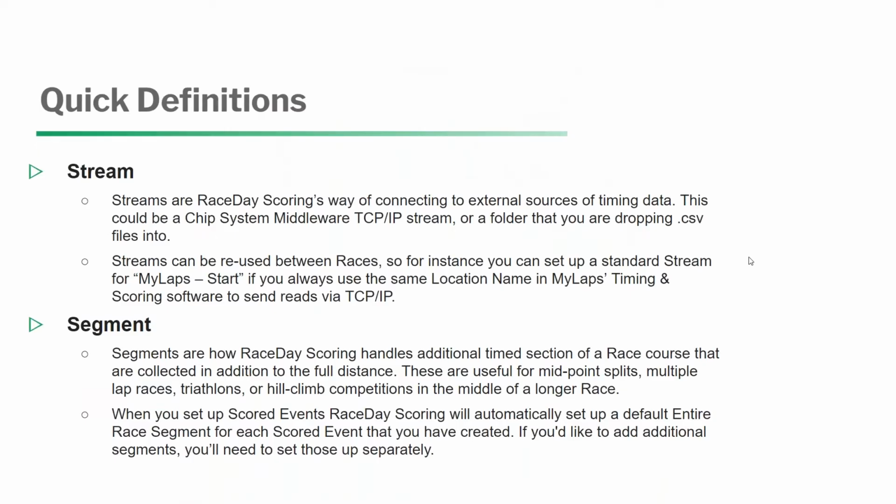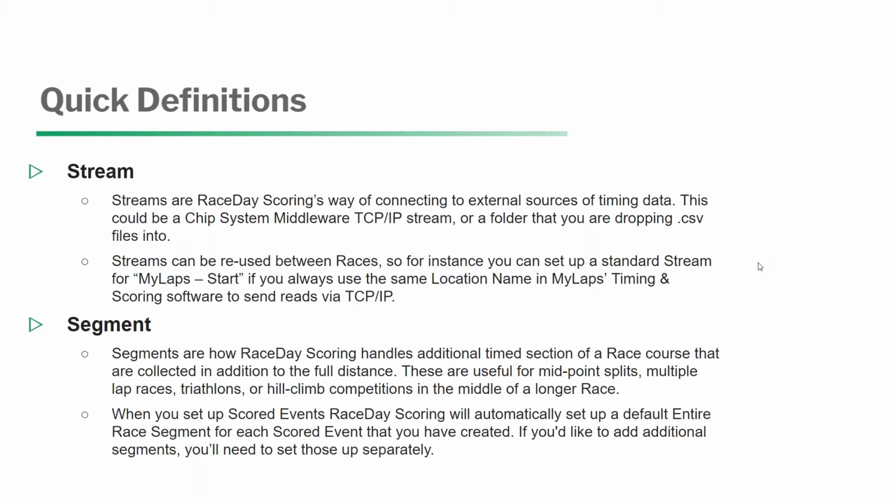So some quick definitions before we get into it, because a lot of people do get confused with the difference between a stream and a segment. So streams are RaceDay Scoring's way of connecting to external sources of timing data. This could be middleware or TCP/IP stream or a folder for a CSV file that you have. Streams can be reused between races.